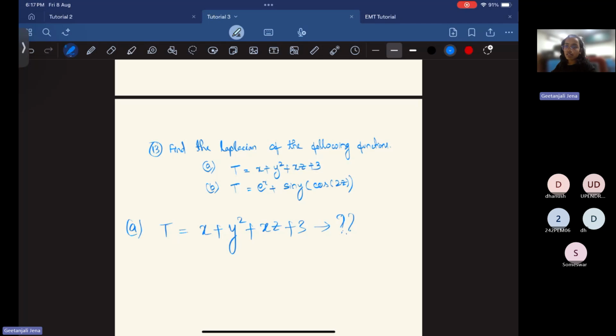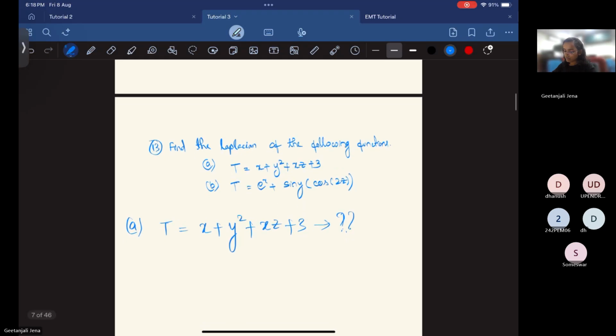This is easy because these are all in Cartesian coordinates. Try to solve it first, then I will go through. So you need to find del squared T.